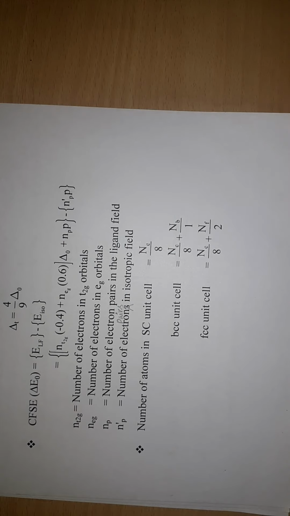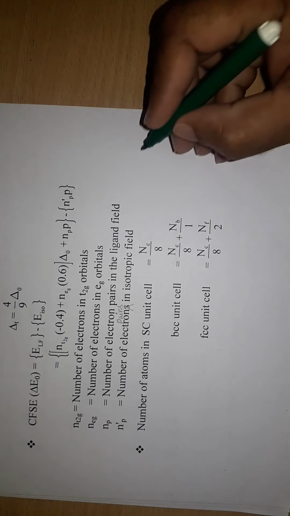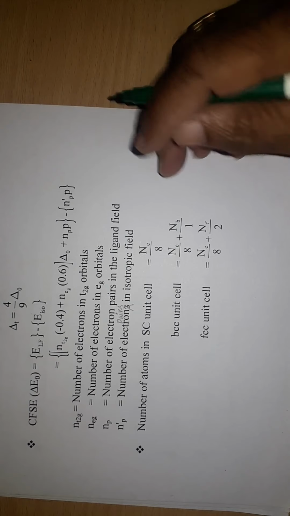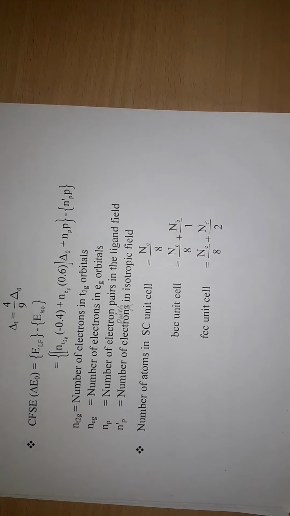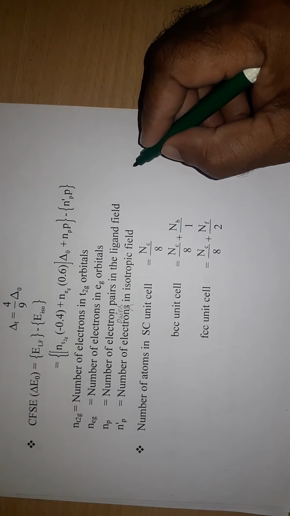We can derive these values by a short method. Corner atoms, 8 in a unit cell. The atoms present in the corner is 8, and then moving to the next position, 4.